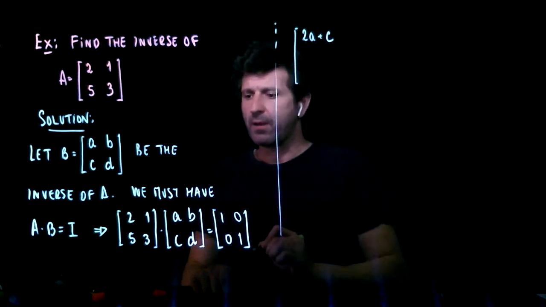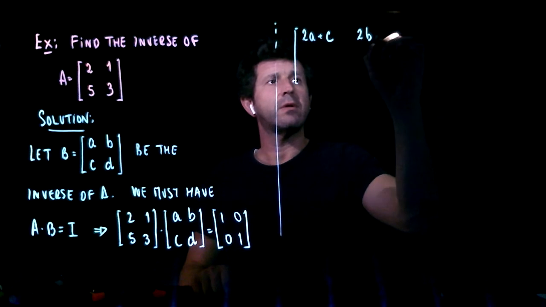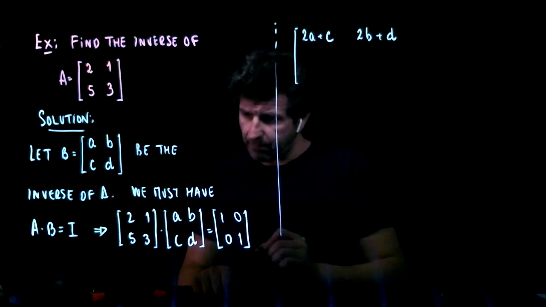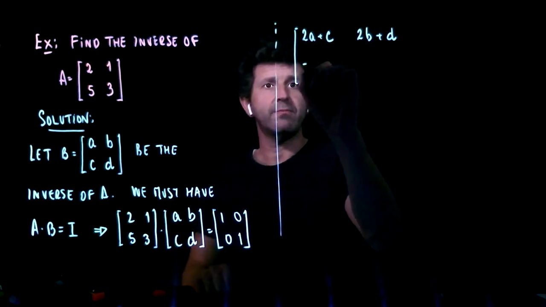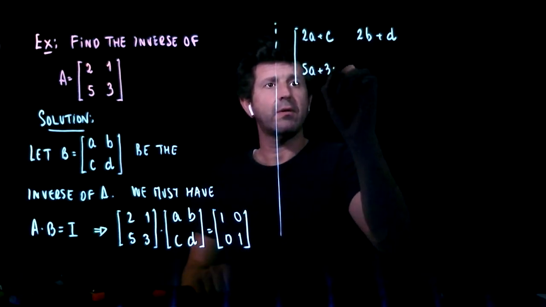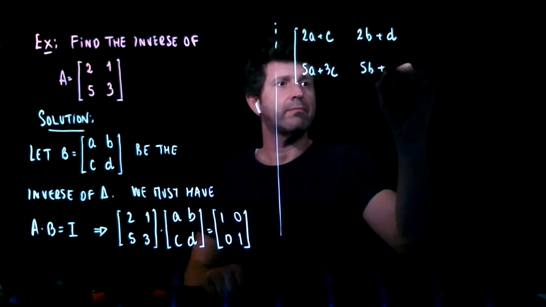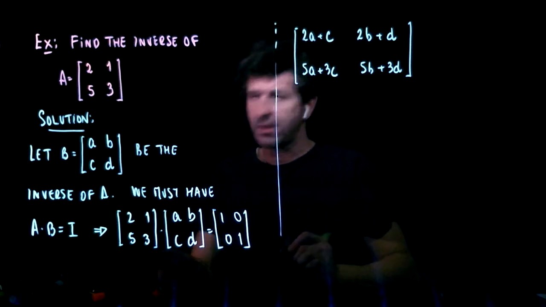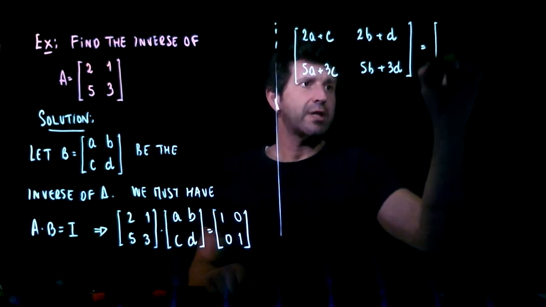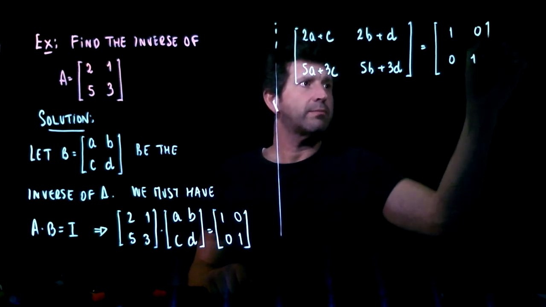Then my second entry will be 2b plus d. Then 5a plus 3c. And then 5b plus 3d. This is the product on the left. And on the right, of course, I still have my identity matrix, 1, 0, 0, 1.